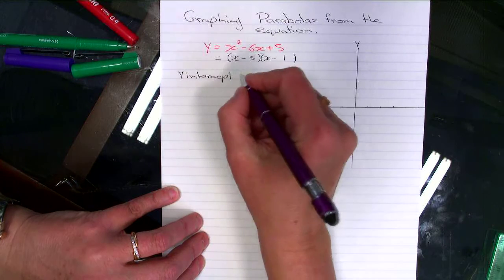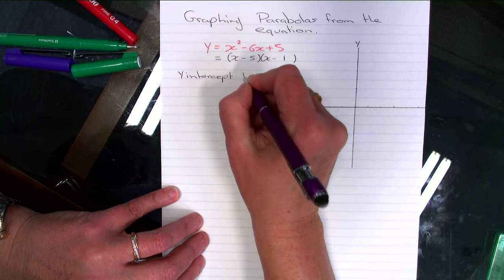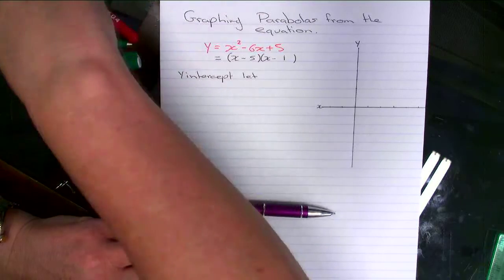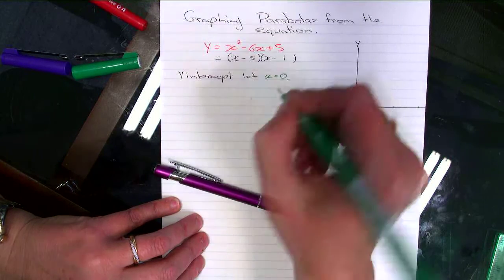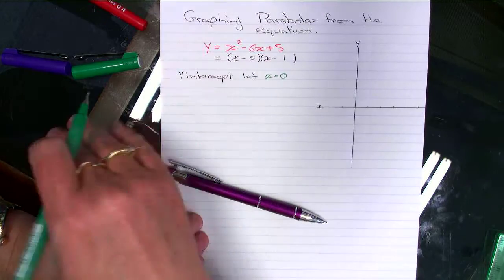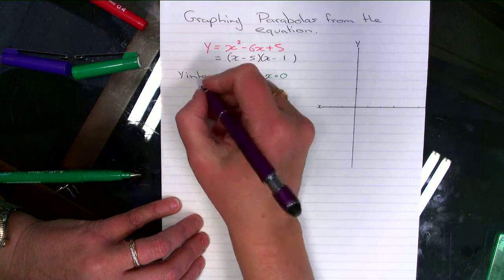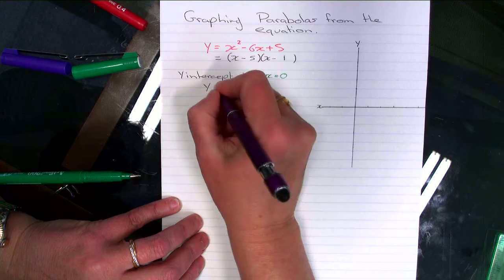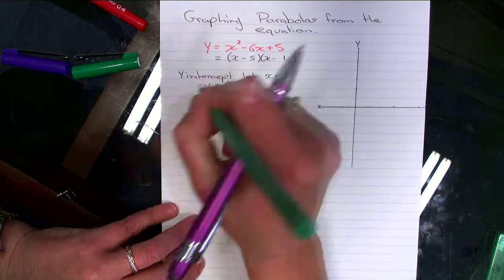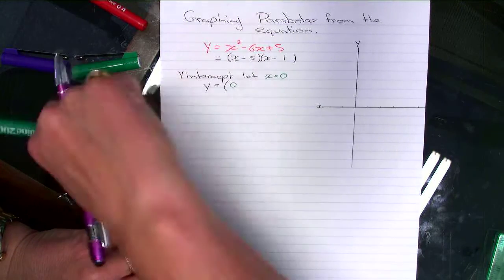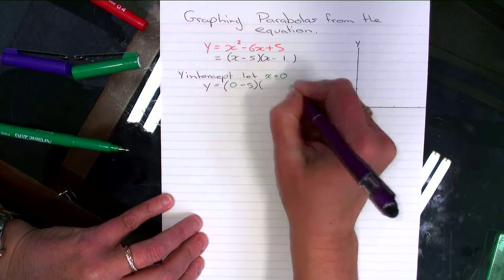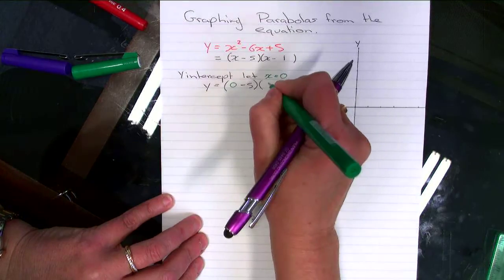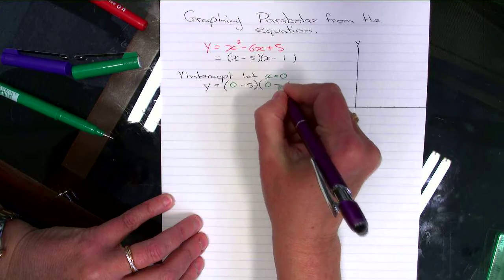So what that will allow us to do is let x equal 0 in our equation, and we're going to substitute that into this equation to work out what y is equal to. So y is equal to, instead of the x, we put 0 minus 5, and then our second set of brackets, 0 minus 1.